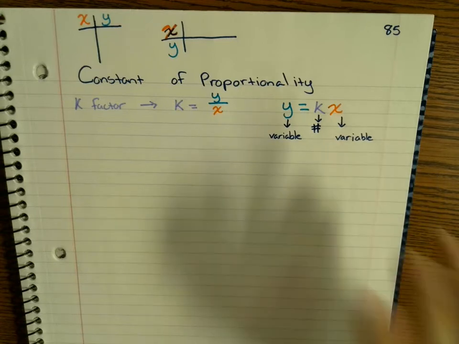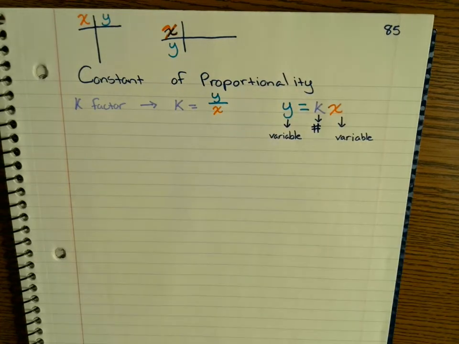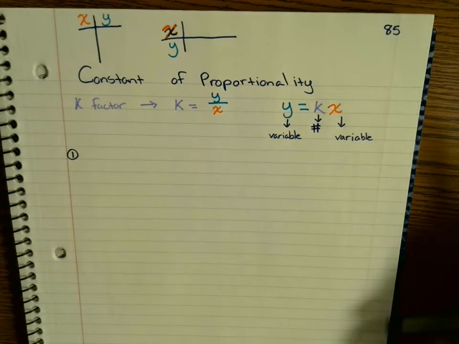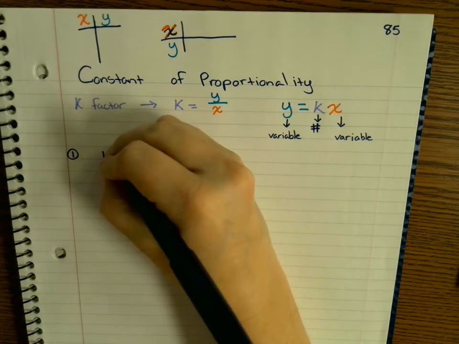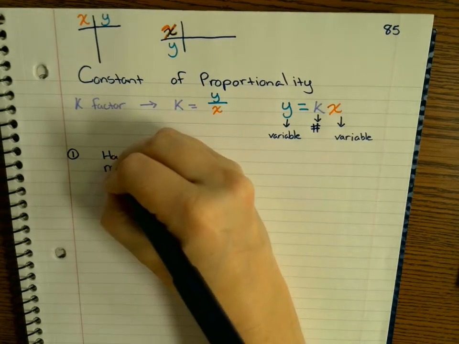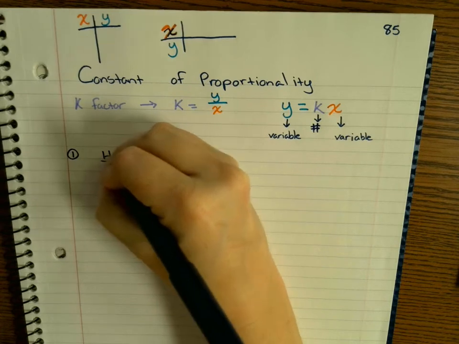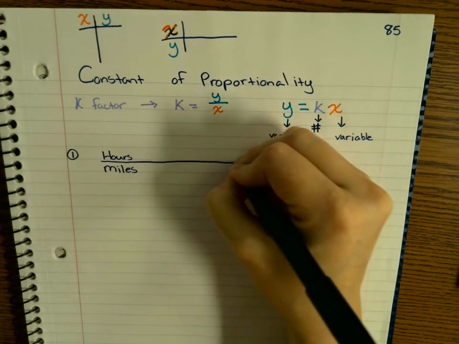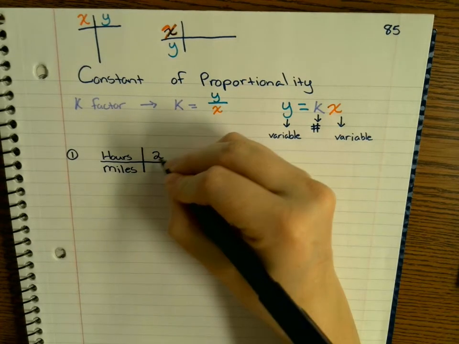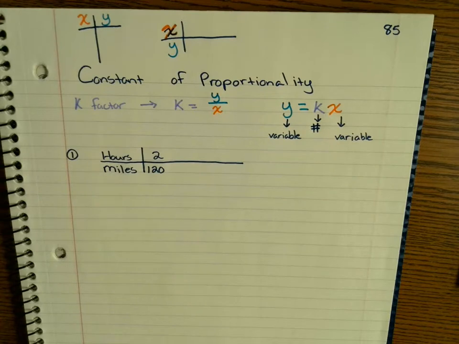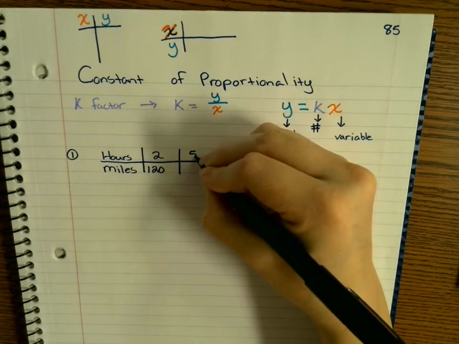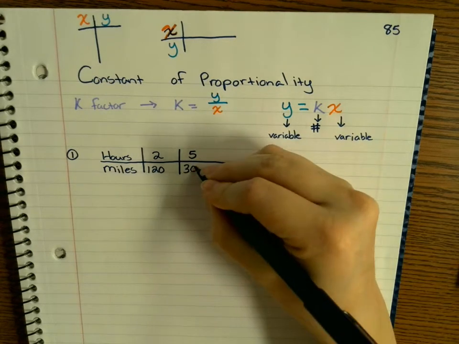Okay, that's the setup for an equation. So let's go ahead and first take a look at some tables of information here. I'm going to give you a horizontal table here, where we're going to be displaying how hours relate to miles. So maybe we're talking about a speed or a road trip that we're taking. Over the course of 2 hours, a car travels 120 miles. Over the course of 5 hours, the car traveled a total of 300 miles.